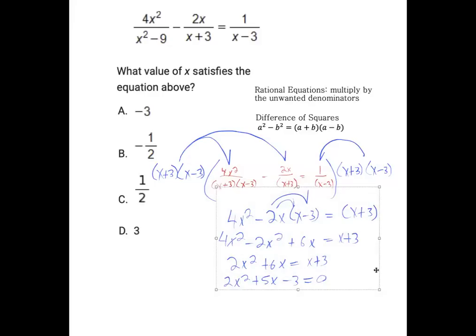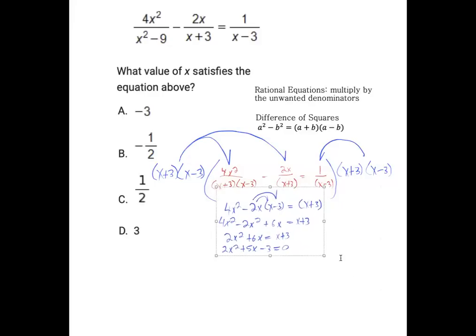classic way to solve from here is going to be ABC factoring, because we have a quadratic in an ax squared plus bx plus c format. And so for ABC factoring, we're looking for two numbers that add to b and multiply to AC.